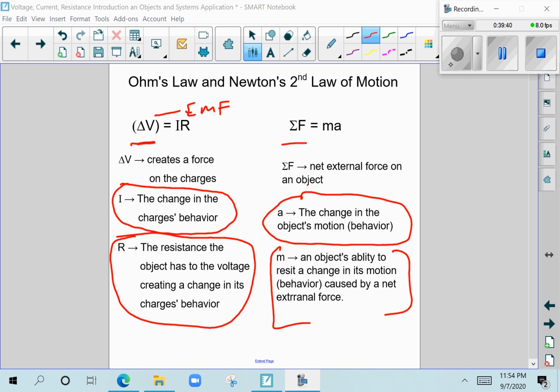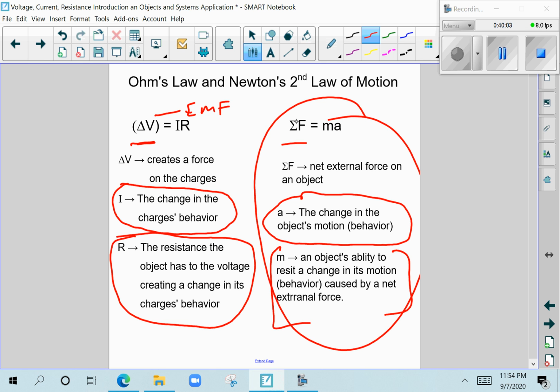So again, it's easy to think these two things are very different, but if you see the commonalities and if you have a better handle on forces, you can use that to help yourself understand electricity. We will generally understand forces better than electricity because we feel forces, we experience forces, and we live with Newton's second law. We do not live with the voltage and Ohm's laws. We utilize it, but we don't actually deal with it because we are not electrical charges.